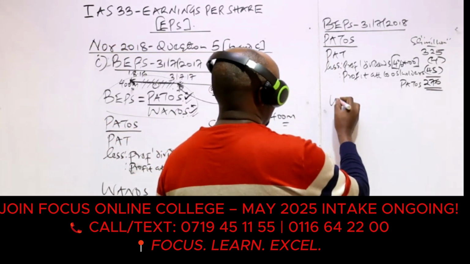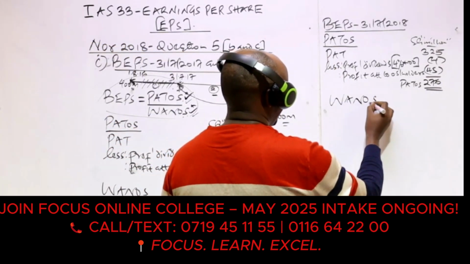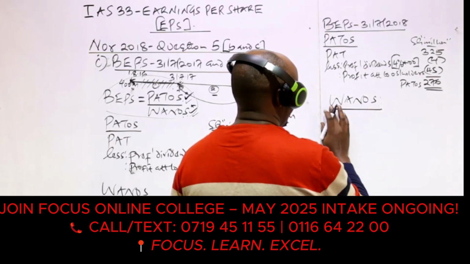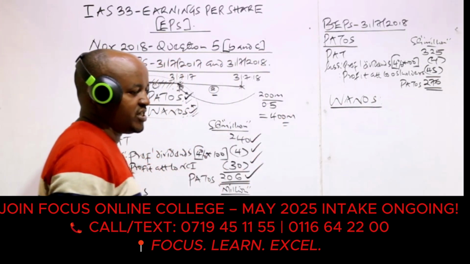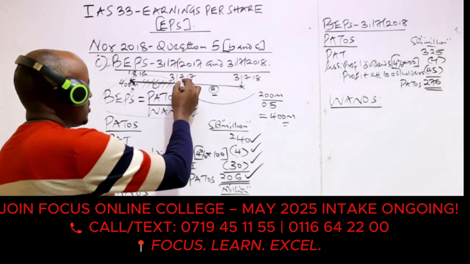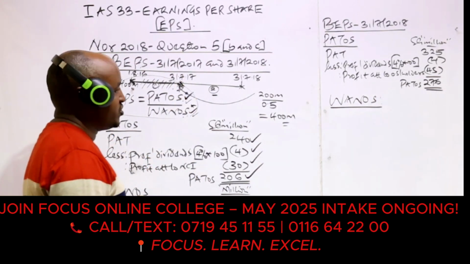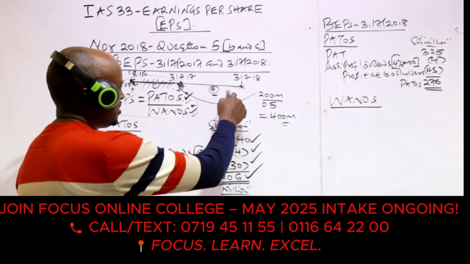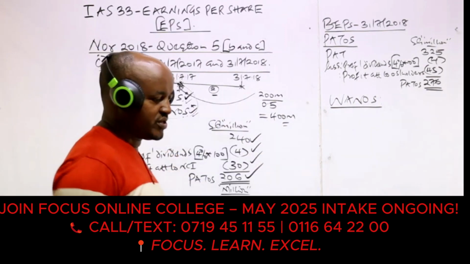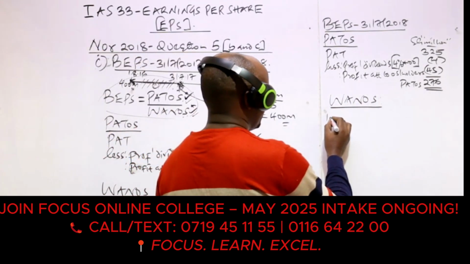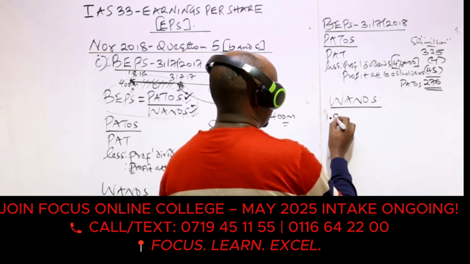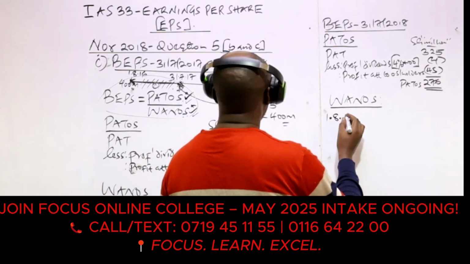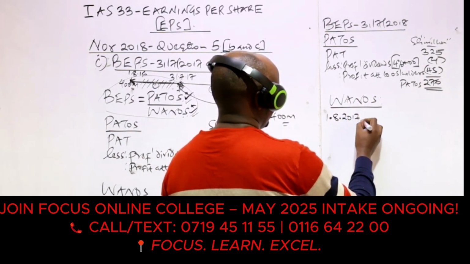And then from there, we need to proceed and we compute the weighted average number of ordinary shares. So to compute the weighted average number of ordinary shares, we have to take into account the ordinary shares issued and prepaid at the start of this year, plus the other shares which were issued during that year. So what we start with are the shares which were issued at the start of the second year. Remember, this second year started on 1st of August 2017.